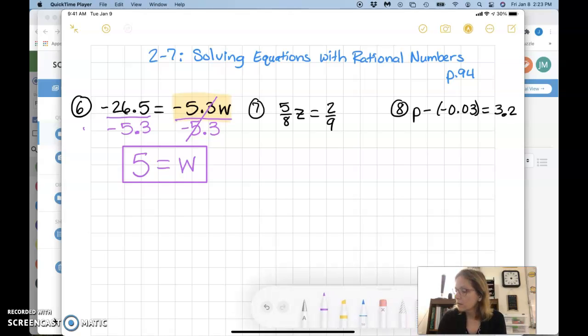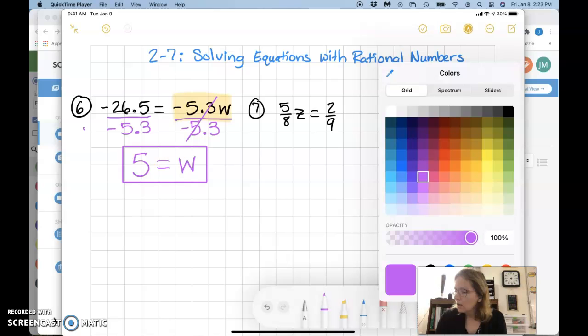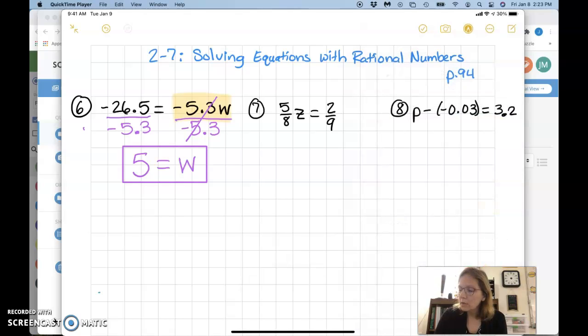Next, let's do more fractions. Okay, but it's multiplying and dividing them, so that's a little bit easier than adding and subtracting. So on this one, I am looking at the variable and seeing what is happening with the variable. Multiplication is happening with the variable, so I have to do the opposite.